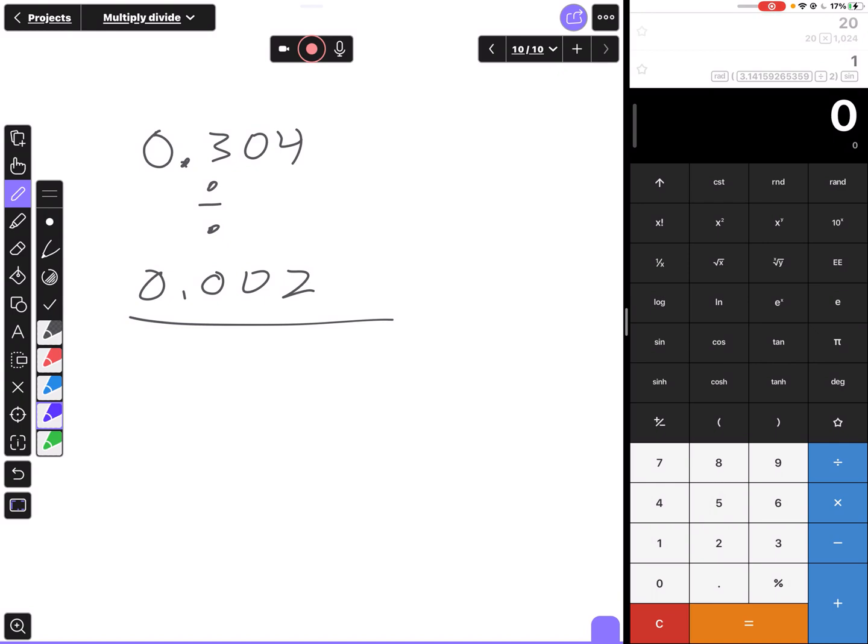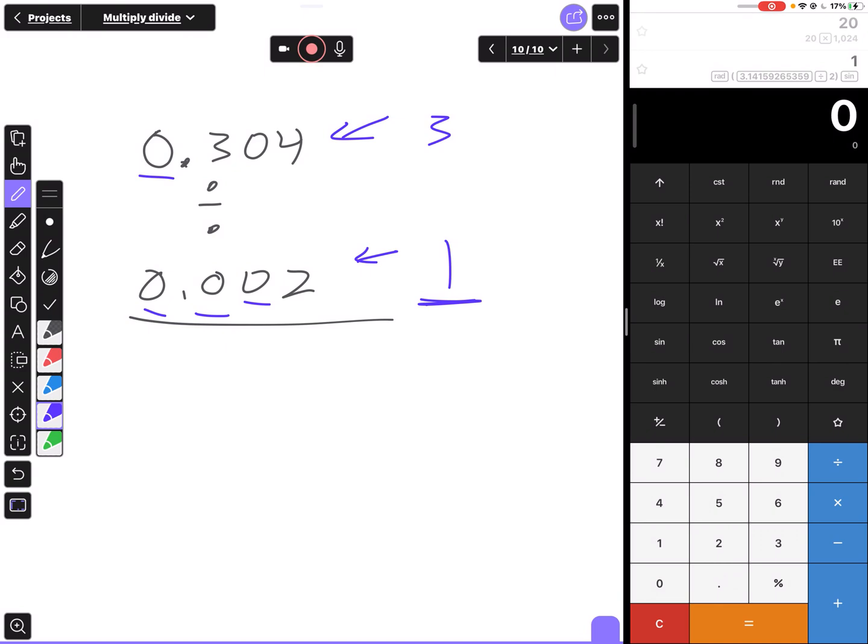If we look at 0.304, that number would have three significant figures. This first zero would not be significant because it's a leading zero. Divided by 0.002, these zeros are not significant because they're leading zeros. This would only have one significant figure. So our answer needs to have one significant figure.